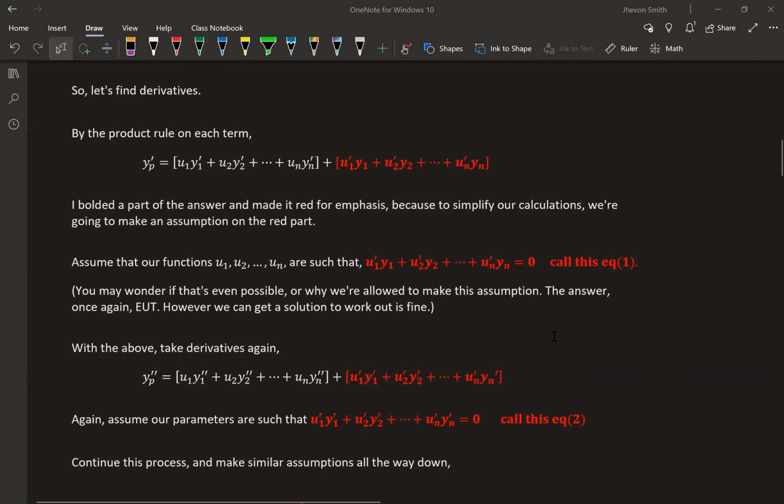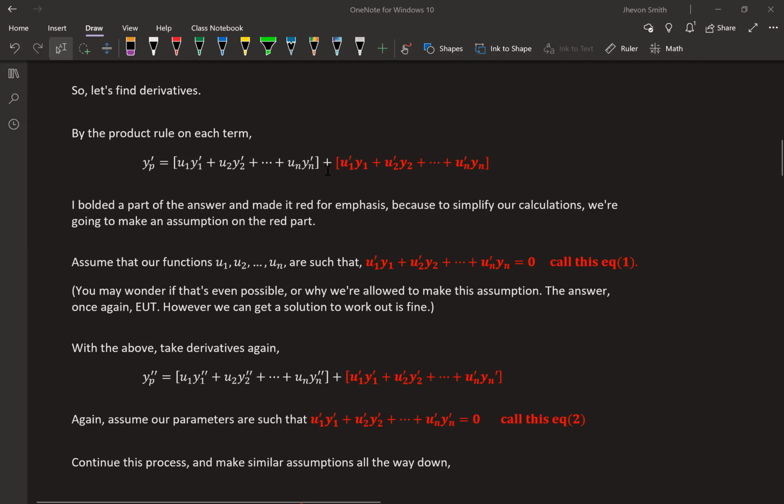But again, once we can figure out functions that do this, we are fine. It seems very restrictive, but it turns out that we will actually be able to find functions that have that property. They will be able to solve the ODE when we throw them in the YP, and at the same time, if I take all their derivatives, multiply by all the y's, and add them together, I will get 0.